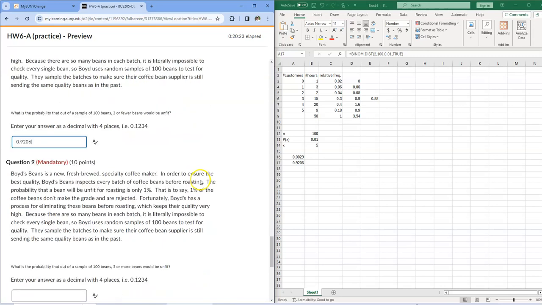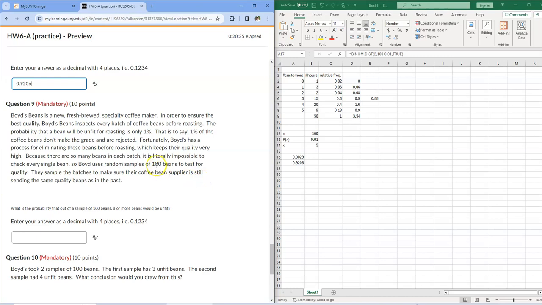And on to question 9. This one is 3 or more beans. And the thing with this is the binomial distribution doesn't do greater than. So how do I do greater than? Well, if I want 3 or more beans and I can't get those, what can I get? I can get 2 or fewer. And those are the 2 possible outcomes, 2 or fewer and 3 or more.